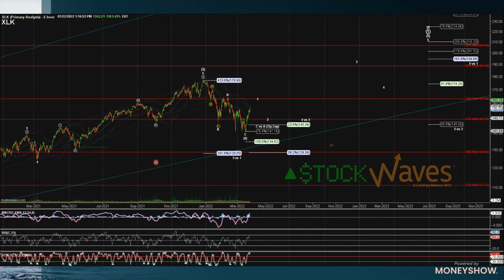Next is XLK. Much like Apple in QQEW, which we also keep a close eye on, the equal weight version of the Nasdaq, the XLK ETF clearly looked like an ending diagonal completing into the end of December.